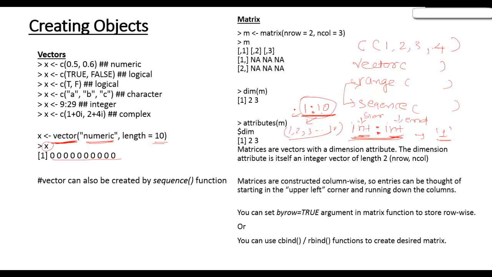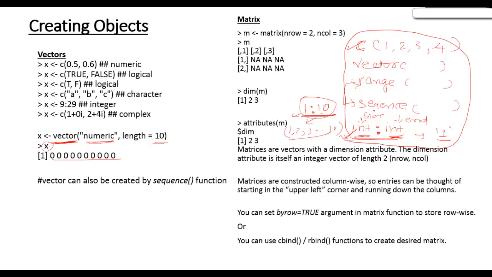So these are several ways using which you can generate a vector. Using this c function and this shortcut are the most popular ways, and this comes in handy when you want to do some programming in a very fast way.